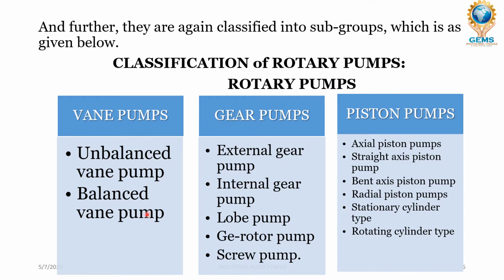Under vane pumps, you have two sub-classifications: unbalanced vane pump and balanced vane pump. Under gear pumps, you have external gear pump, internal gear pump, lobe pump, G rotor pump, and screw pump. Piston pumps: axial piston pump, straight axis piston pump, bent axis piston pump, radial piston pumps, stationary cylinder type, and rotating cylinder type.